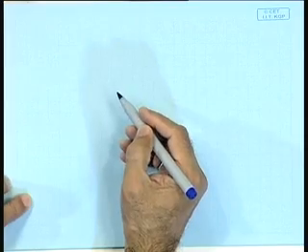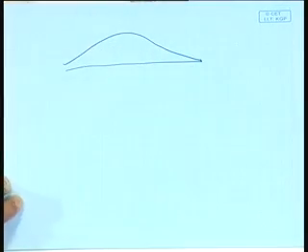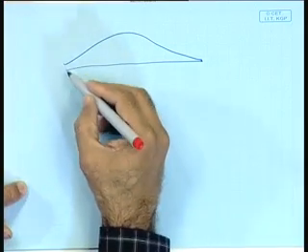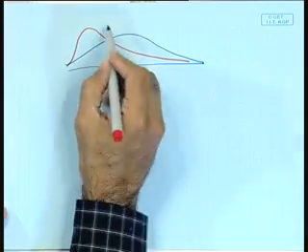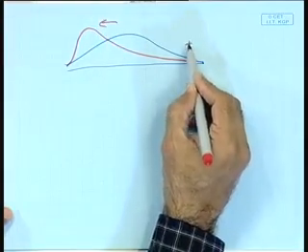Then I may have a situation where, if you look at my chart here, the normal distribution is like this, symmetric. But sometimes the data tends to get skewed. So this distribution could be like this. That's a skew to the left, and this is called a positive skew.